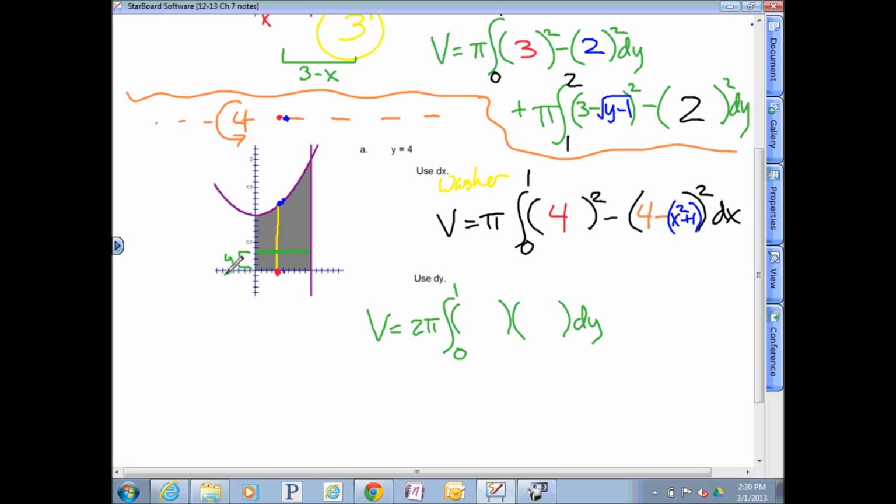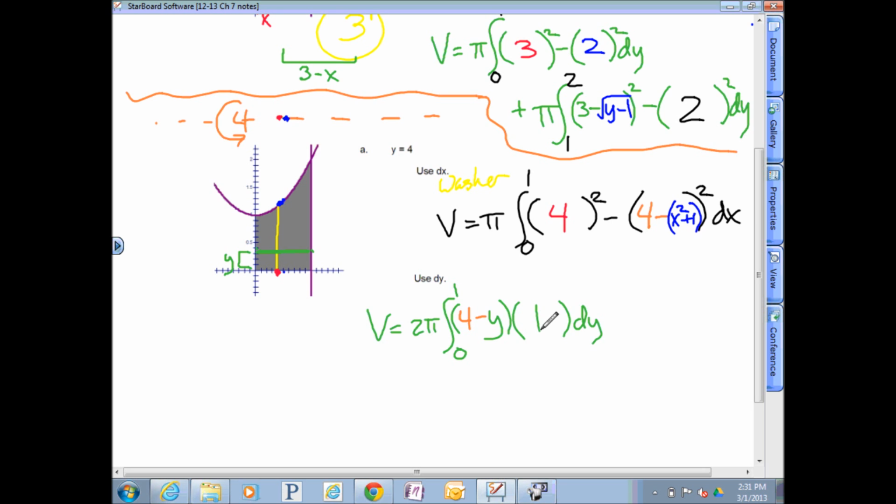We're taking it the opposite direction. So my radius would be the difference between this 4 and that y that we normally have. Again, we're going the wrong direction. We're not revolving it toward the x-axis. We're revolving it the other direction. How long is that rectangle? That rectangle would be always 1 unit long.